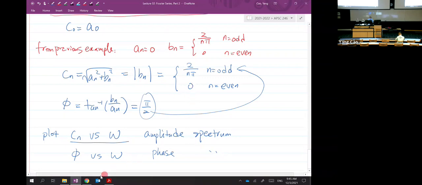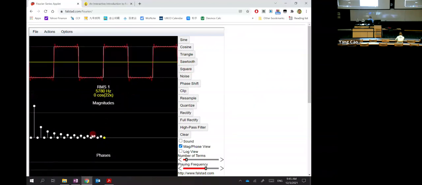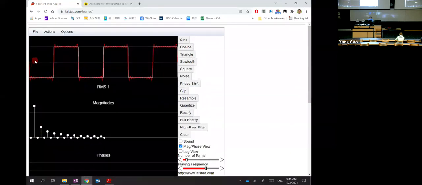As you can clearly see from the demonstration here, when you have a square wave, that's your amplitude spectrum plot, and then the bottom here is your phase. As you can see, they wrote the phase as a negative because this is a slightly different square wave, symmetric about the t-axis.